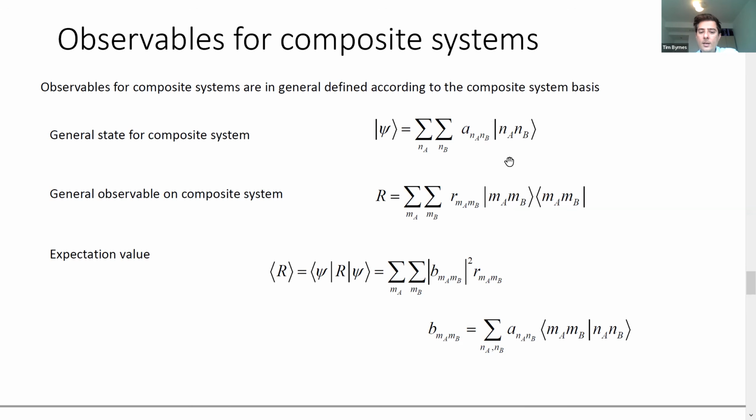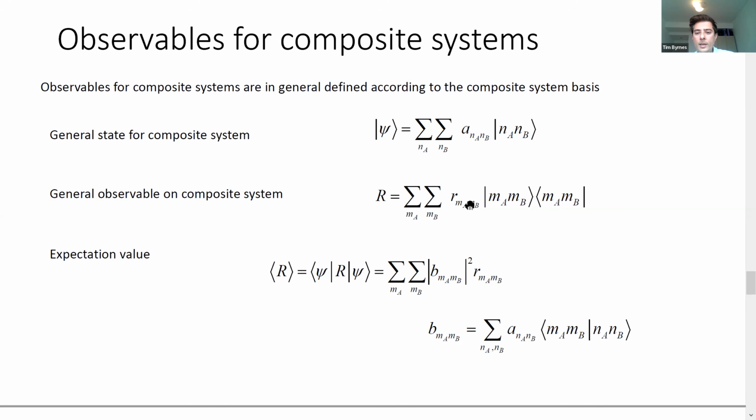In the end, all we have to do is put it into this formula, sandwich the observable by the states, and we always get the average that we're interested in. The story is basically exactly the same, you just have a whole bunch of double sums instead of single sums.